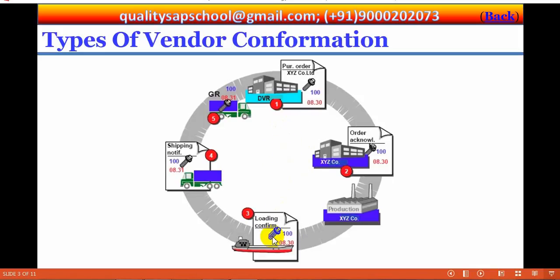That loading information we call it so. Later, on the 31st August, he is going to give a shipping notification. Later it may change, or it may be the same, on the loading confirmation basis, or he can give another confirmation that he is going to ship the material.